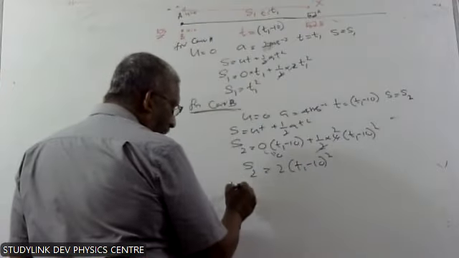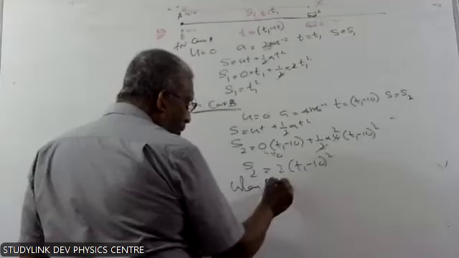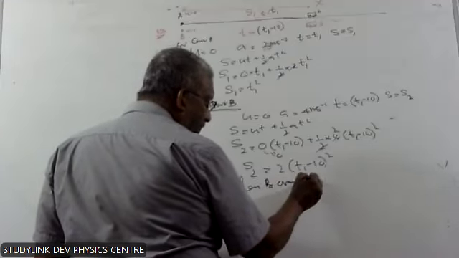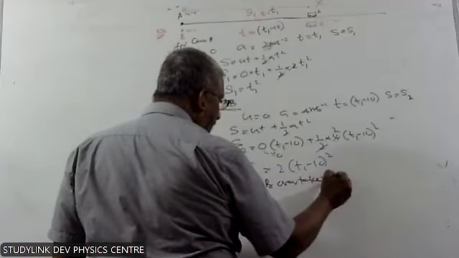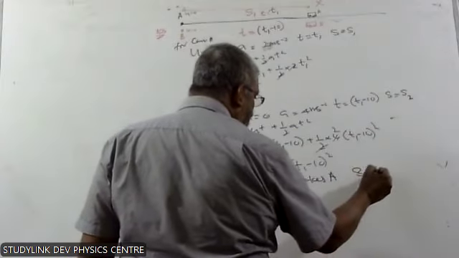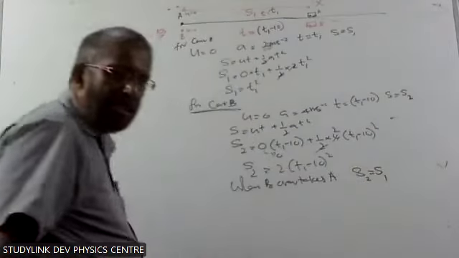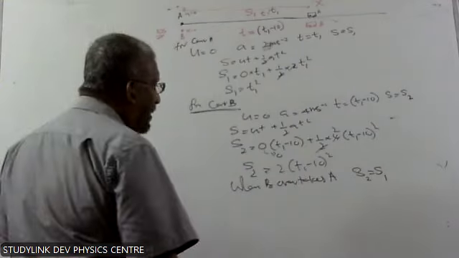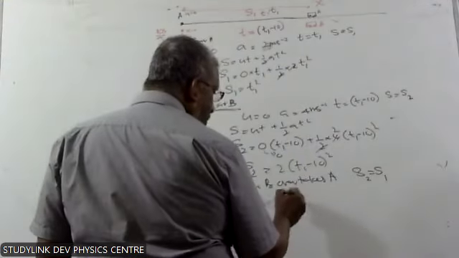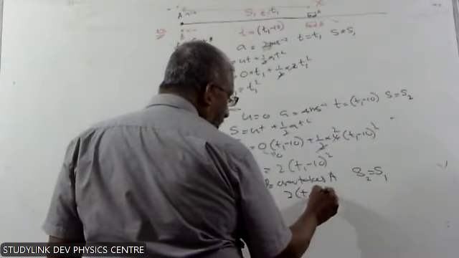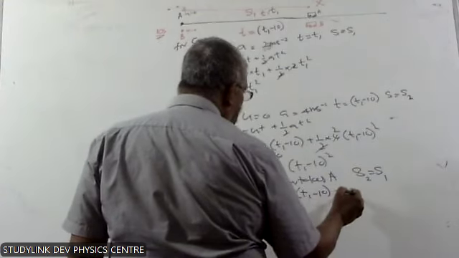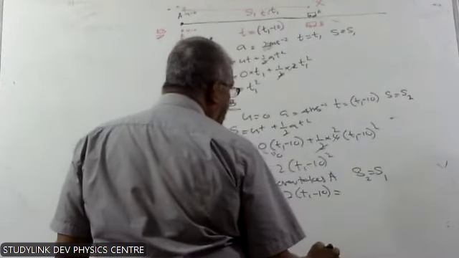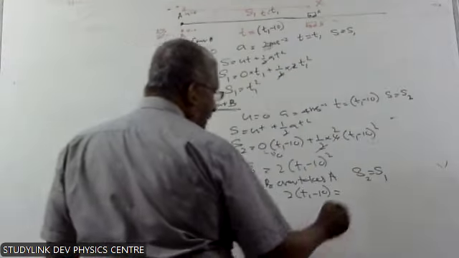Then when B overtakes A, S2 is equal to S1. So therefore, 2 (T1 minus 10) squared is equal to S1, which is T1 squared.